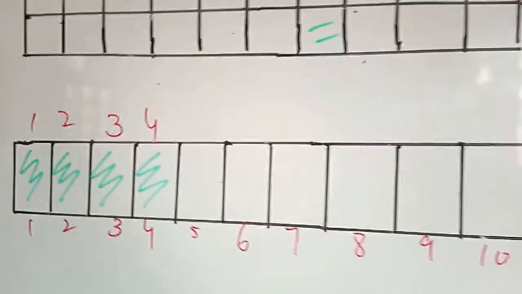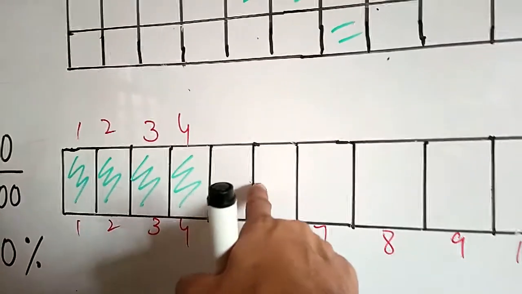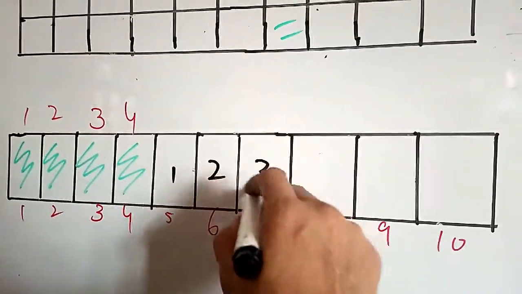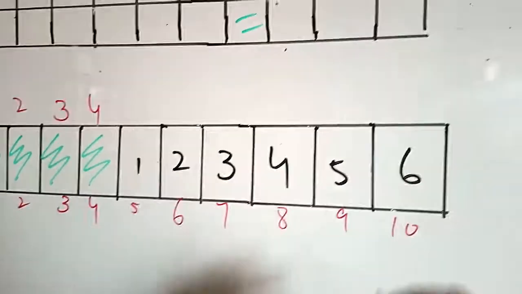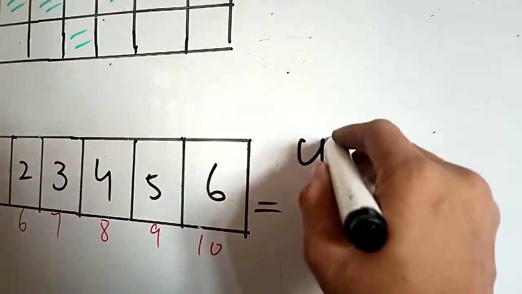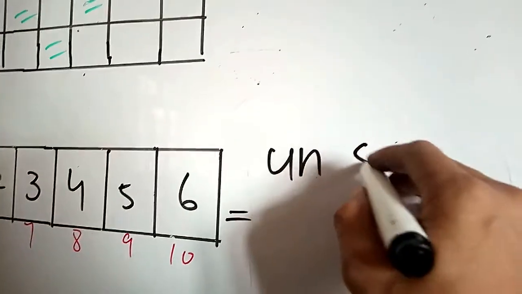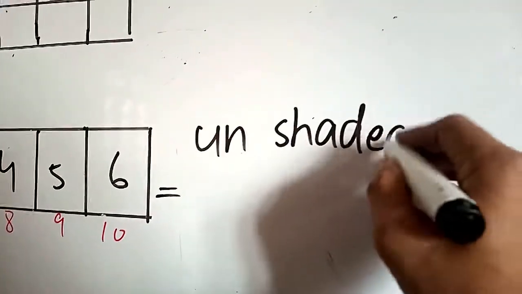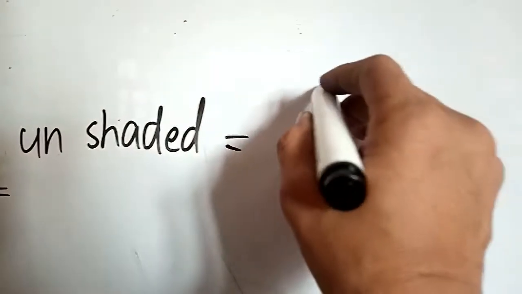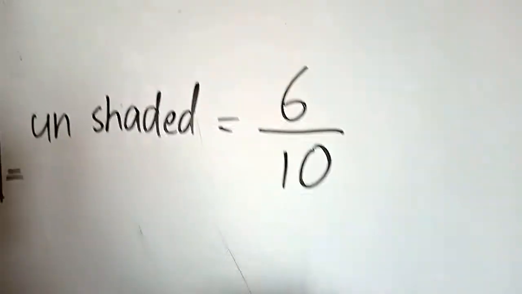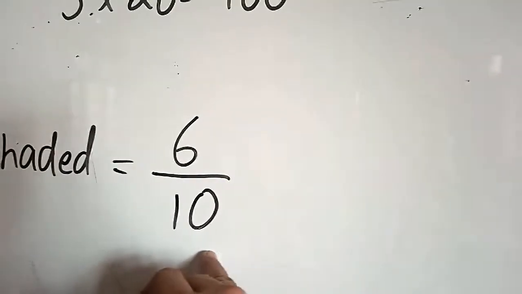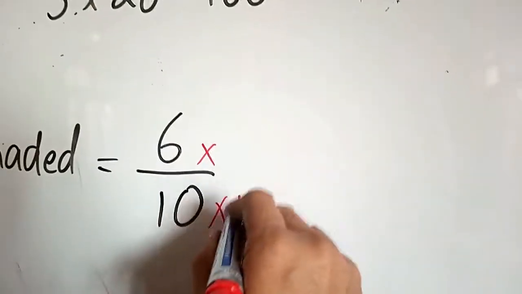And like this, we can find the unshaded parts, which are 1, 2, 3, 4, 5, 6. First of all, we will make the fraction for the unshaded parts, which is 6 out of 10. Again, for this, first of all, we have to make this 10 as 100.